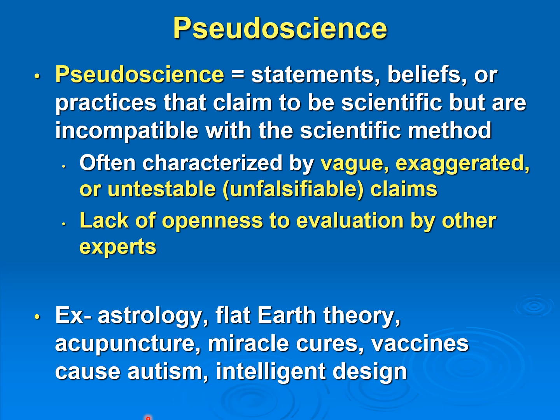And there's been dozens of scientific studies that have been done subsequently, and they have shown that vaccines do not cause autism. So that was a very unfortunate thing that happened with pseudoscience.